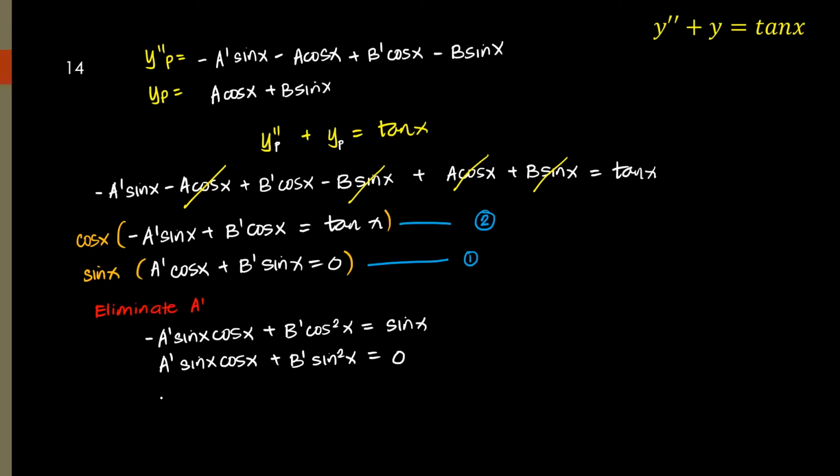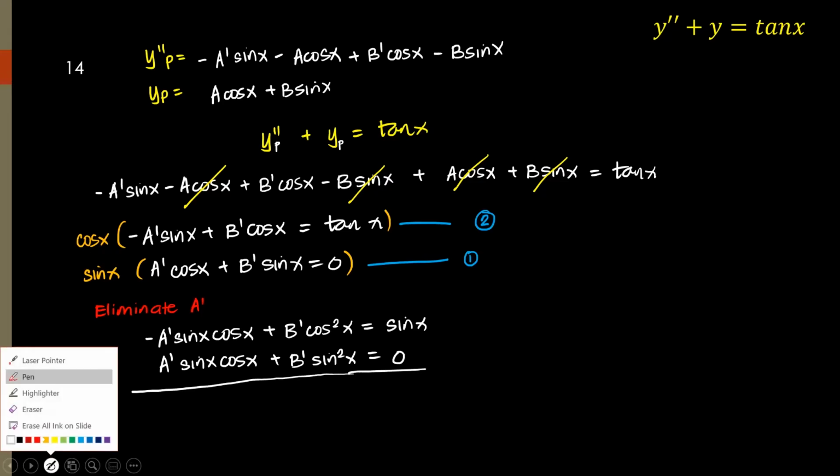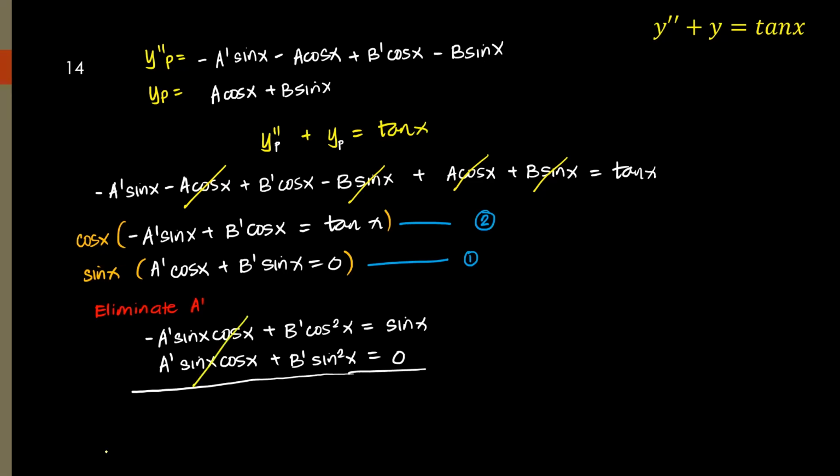So in here, we can eliminate the first terms. You're only left with b prime cosine squared x plus b prime sine squared x is equal to sine of x. If I factor out b prime, cosine squared x plus sine squared x, what is this equal to, guys?